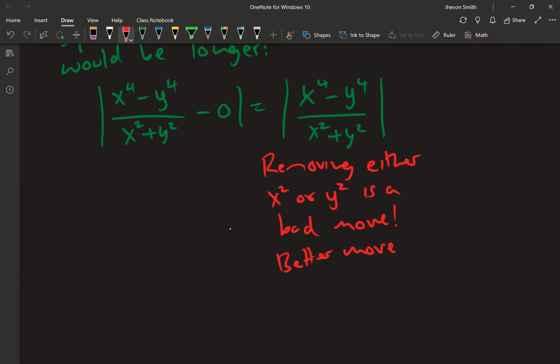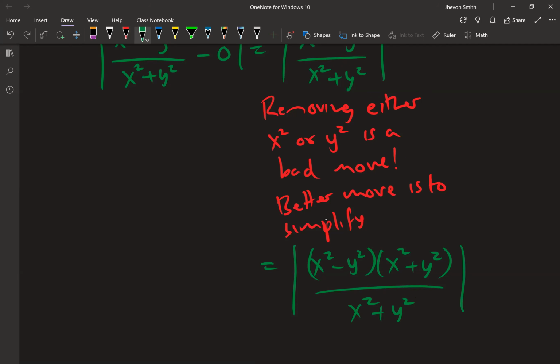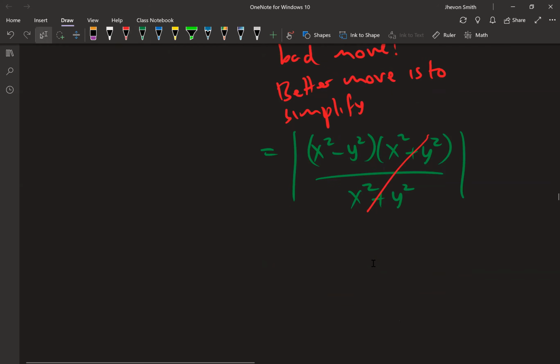So you end up doing it anyway, and it doesn't really save you space. So I would actually, again, jump into difference of squares here. These guys would actually cancel. And then I would get this guy, x squared minus y squared, and that approaches 0 as x,y approaches 0,0.